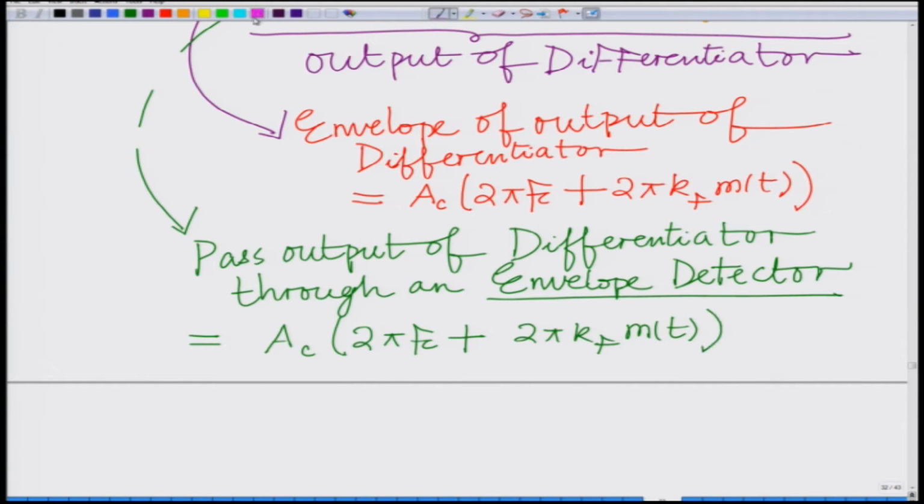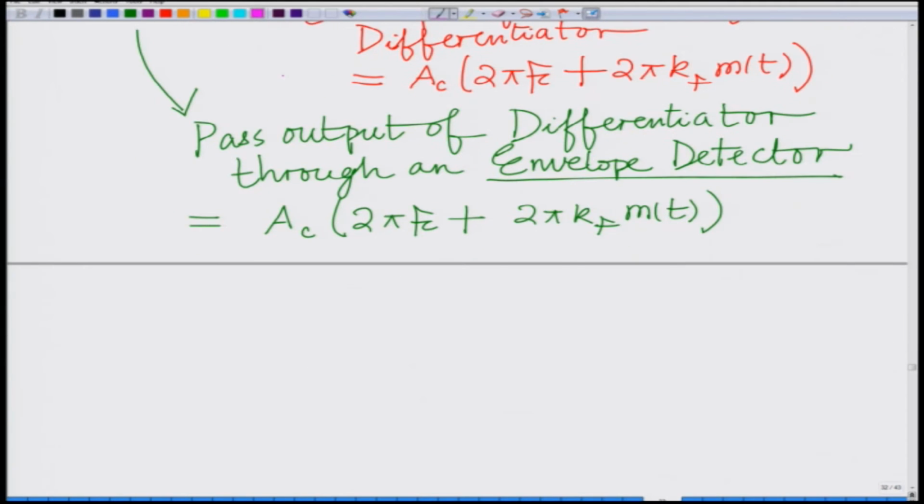2 pi k f m t, which, consolidating the terms, is basically AC into 2 pi, correct, f c plus k f m t.